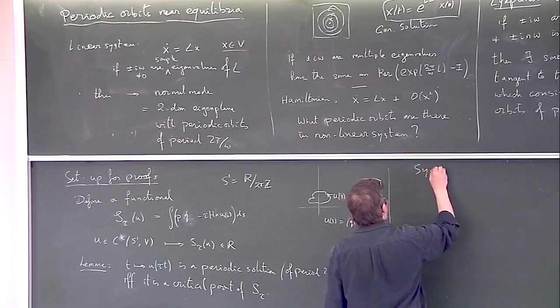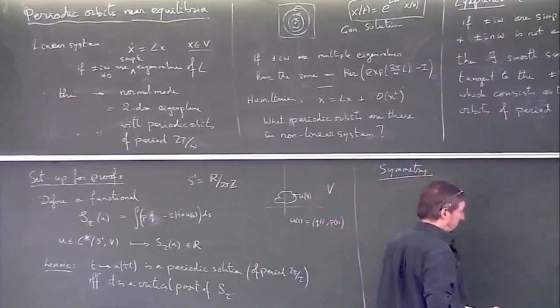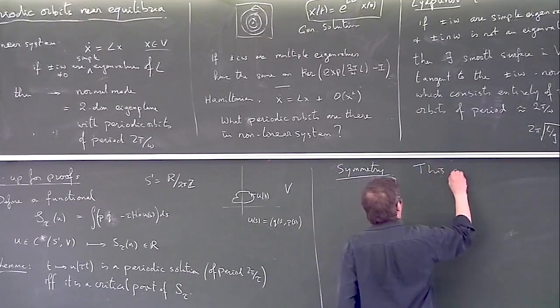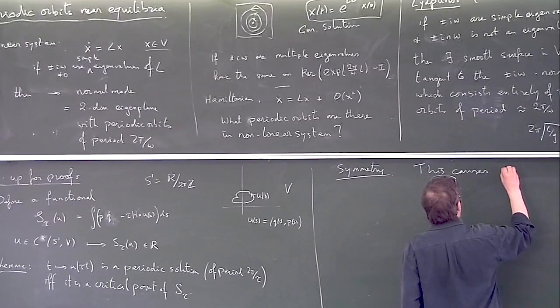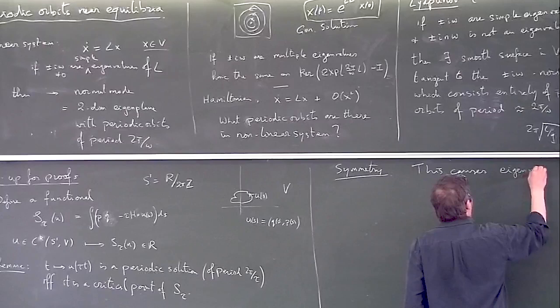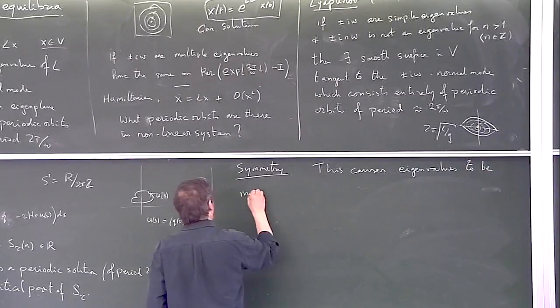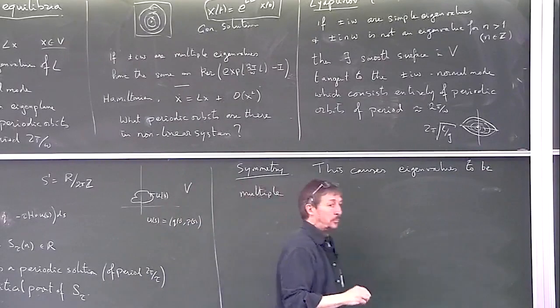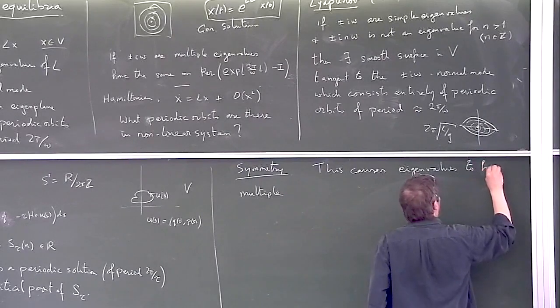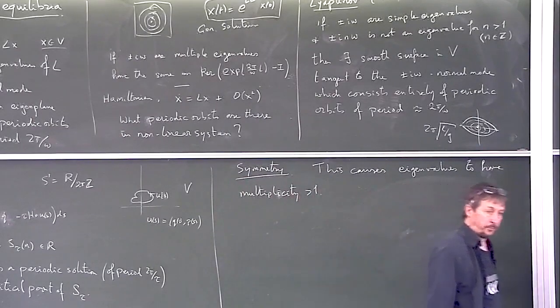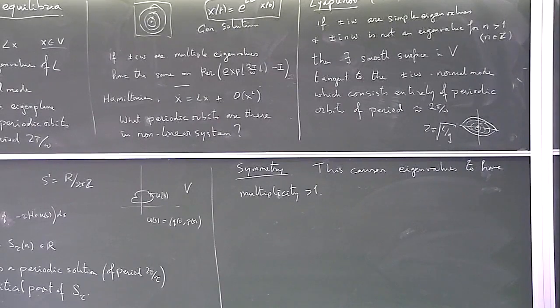Okay, so now symmetry. This causes eigenvalues to be multiple, to have multiplicity greater than 1, except for the very simplest cases of the group of order 2.